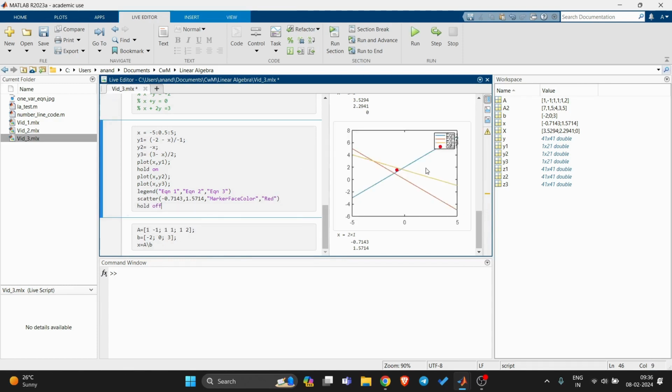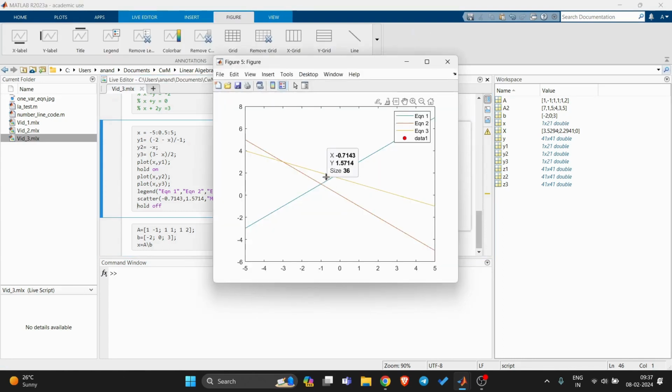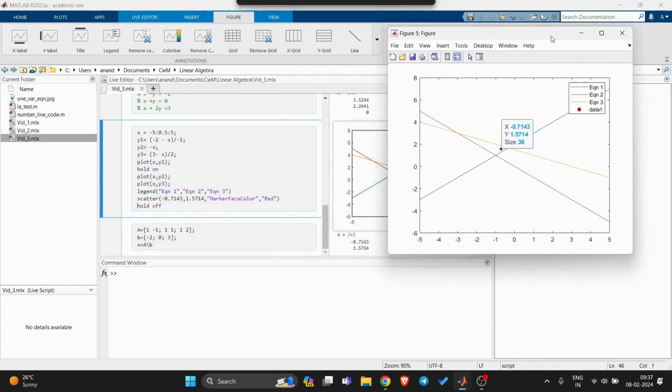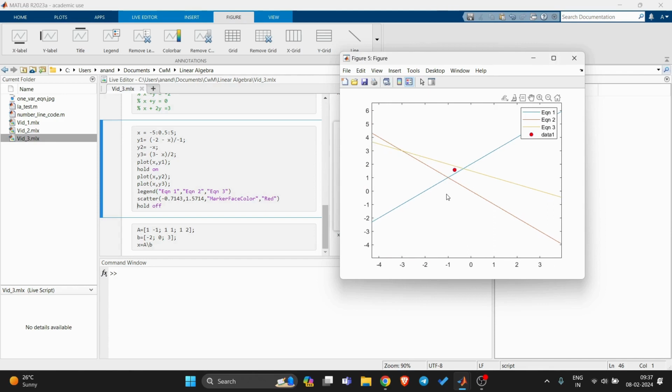And let me run this again and see. So it is this point over here which minimizes the squares of error in all the three equations.